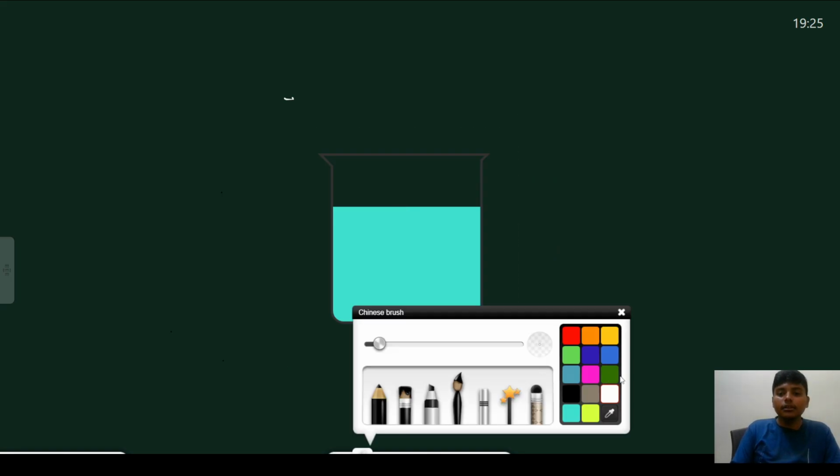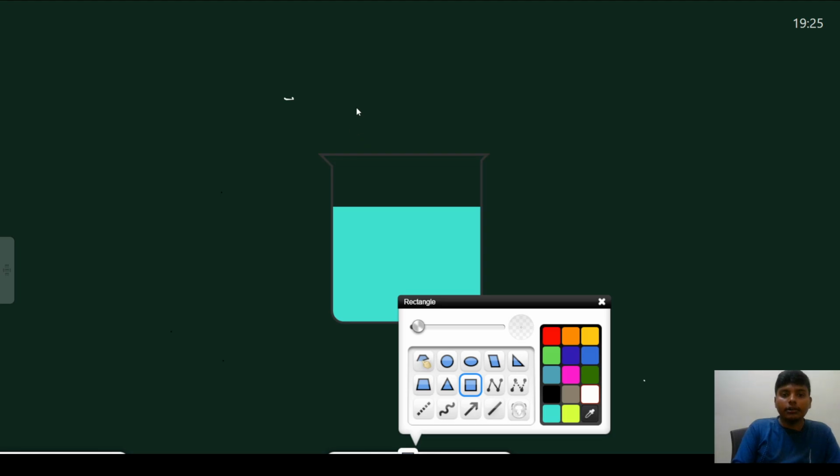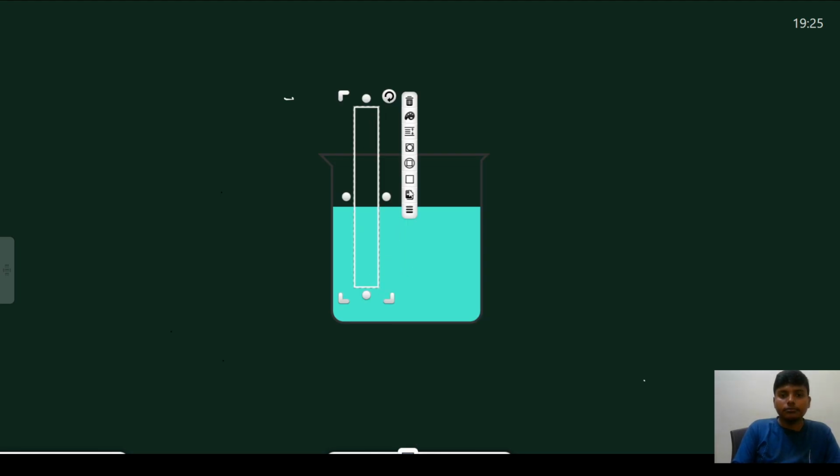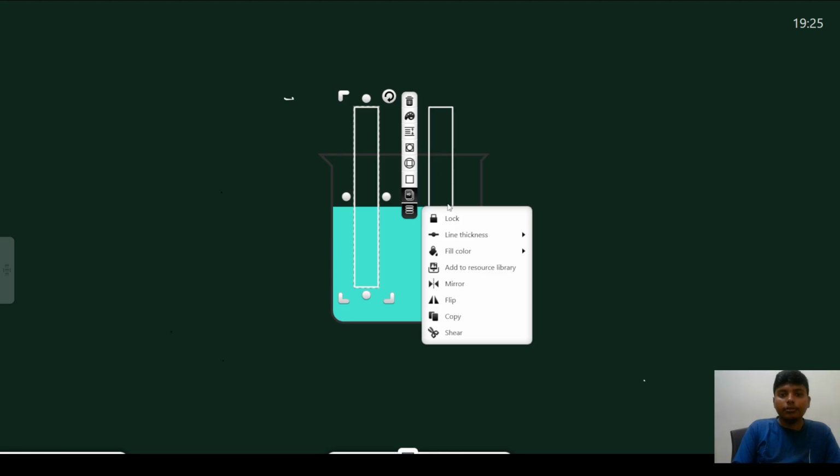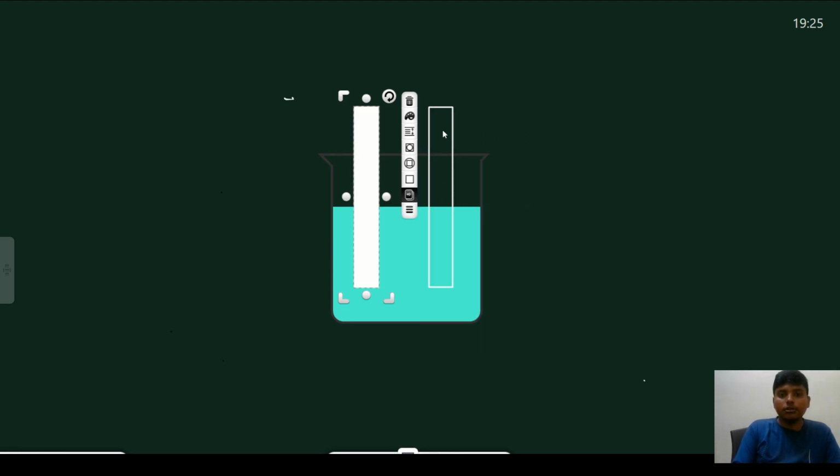In that half cell, what we are doing? We are putting two electrodes.